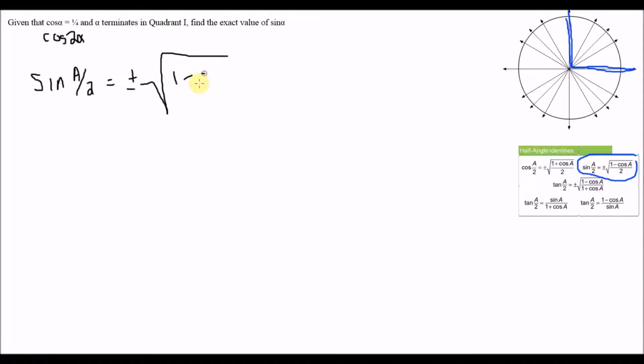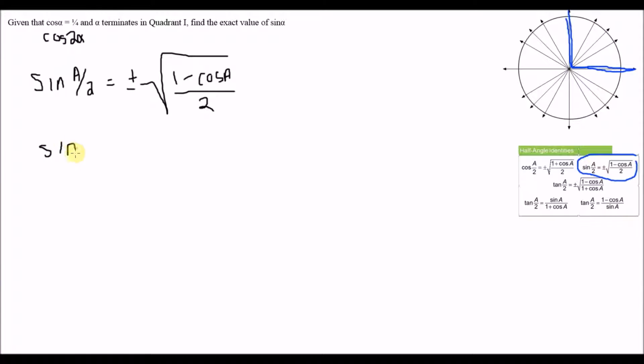So once we have this written down, we have to keep in mind that we don't have cosine A, we have cosine 2A. So we're just going to tweak this formula in order to be able to put cosine 2A in here. And it's pretty basic.